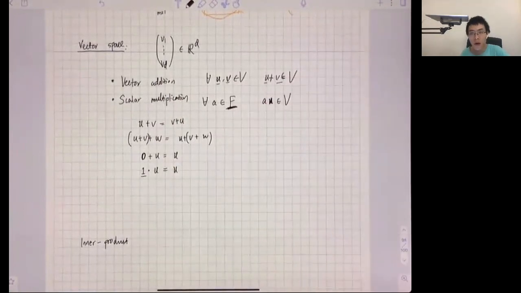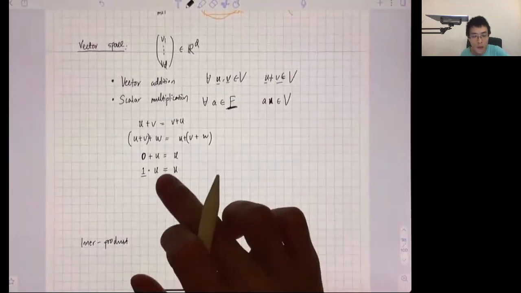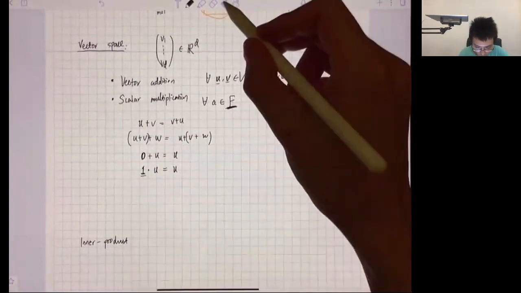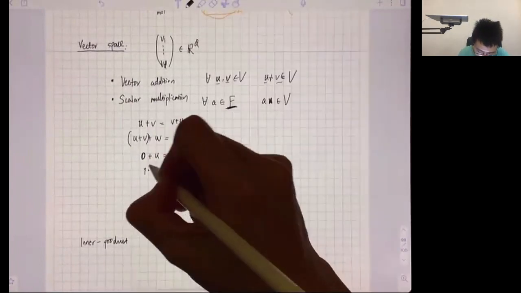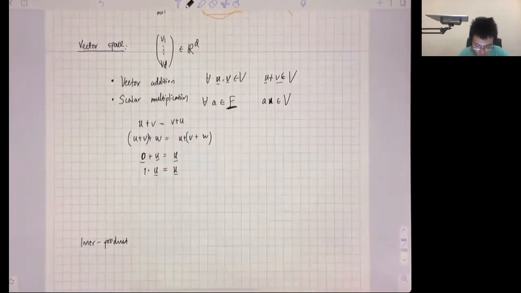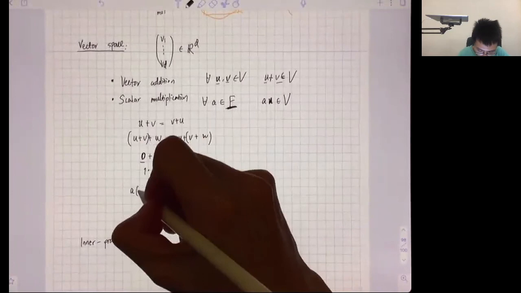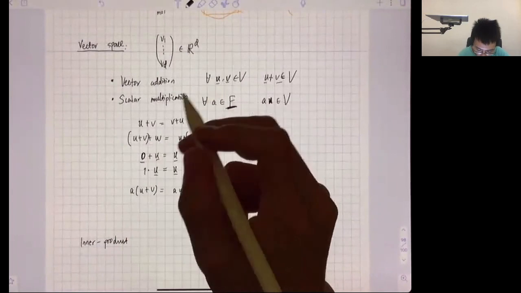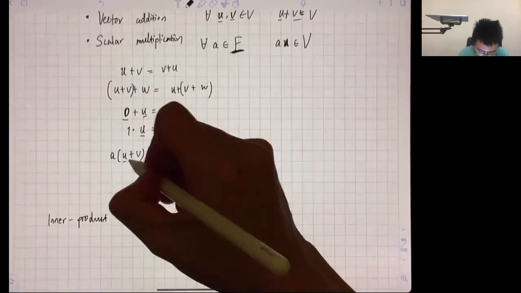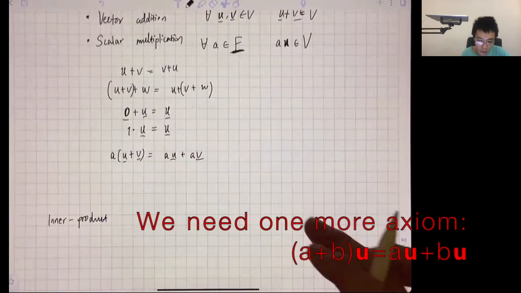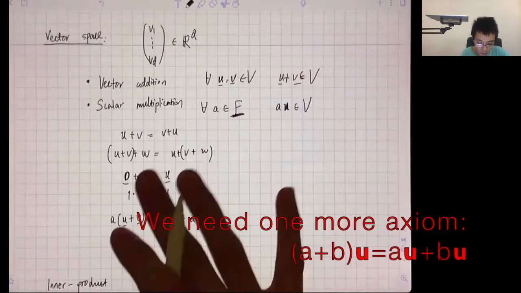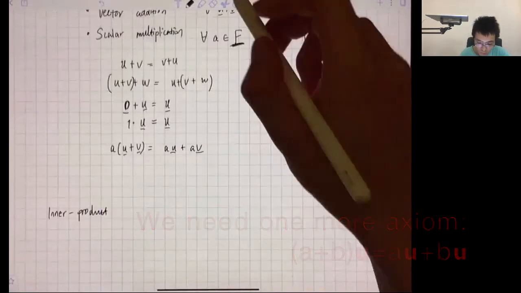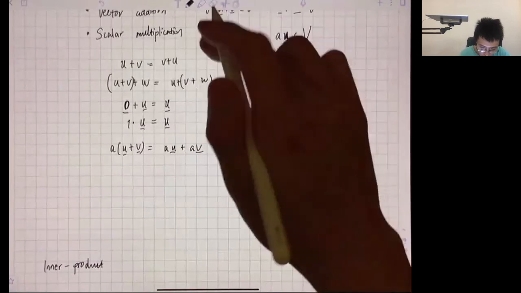It can be a real number or a complex number as you define the field, but the one is just the one you know. But u is a vector, and here the 0 is a vector. And also a times (u plus v) is au plus av for any a in the field, where u and v are vectors. Okay, so this is the vector space. Anything satisfying these properties is a vector space. Example.